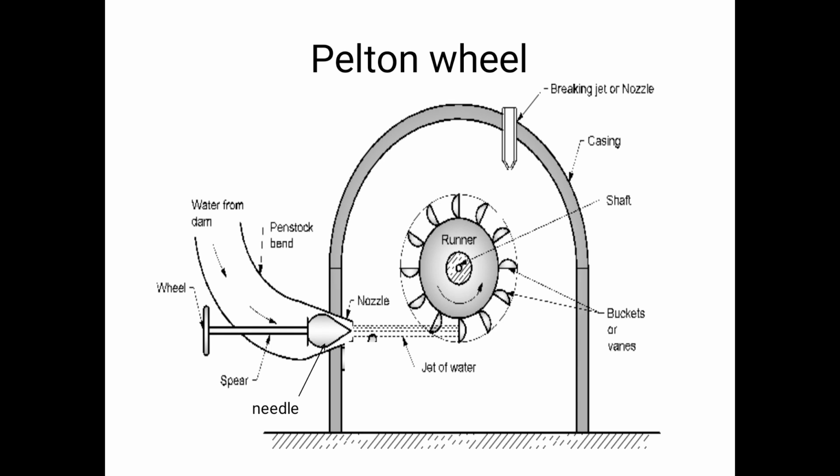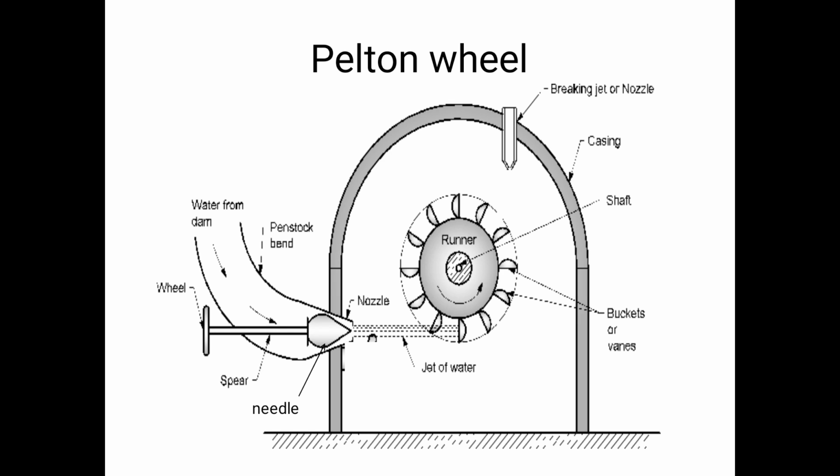Second, it is a tangential flow turbine because the water coming from the nozzle is tangentially striking the bucket of the runner. Now it is a high head turbine because the head is around 150 meters to 200 meters.